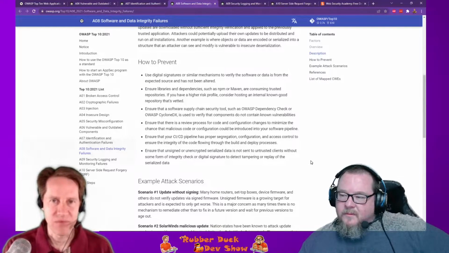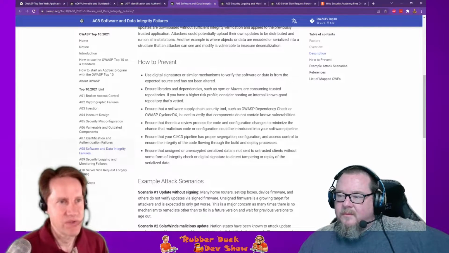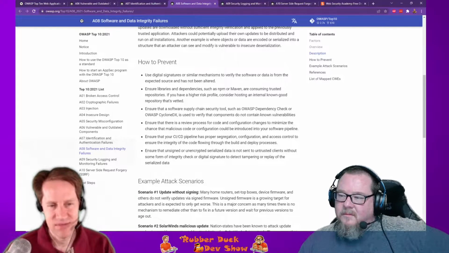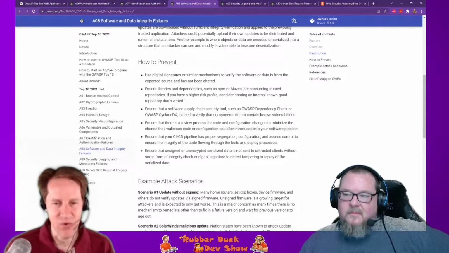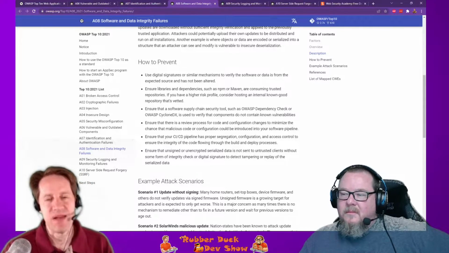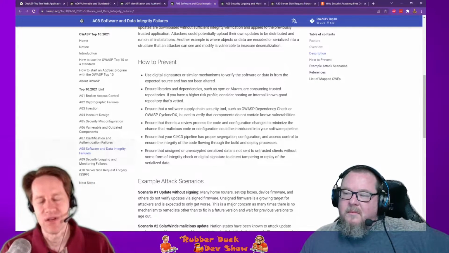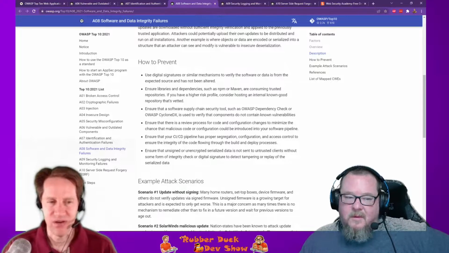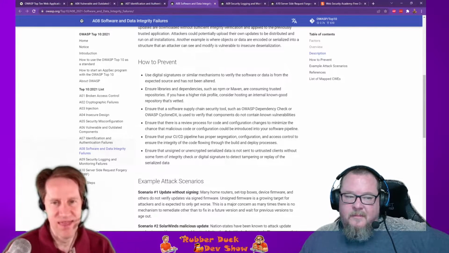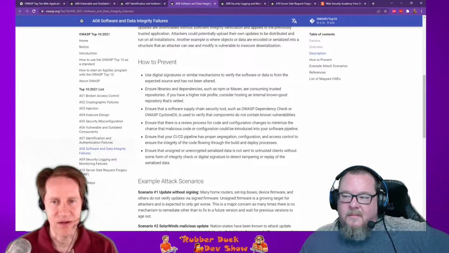Or if you're loading in libraries from a third-party source, like for example, Ruby libraries, gems are located at rubygems.org. Well, has that been hacked and corrupted libraries that then you're going to pull down, or someone hacks the NPM library, right. And I think that is the vulnerability they're talking about here. Right.